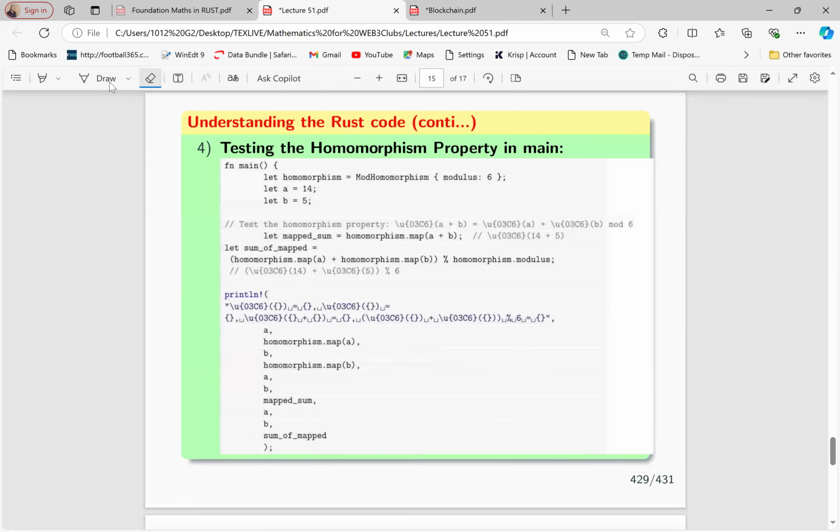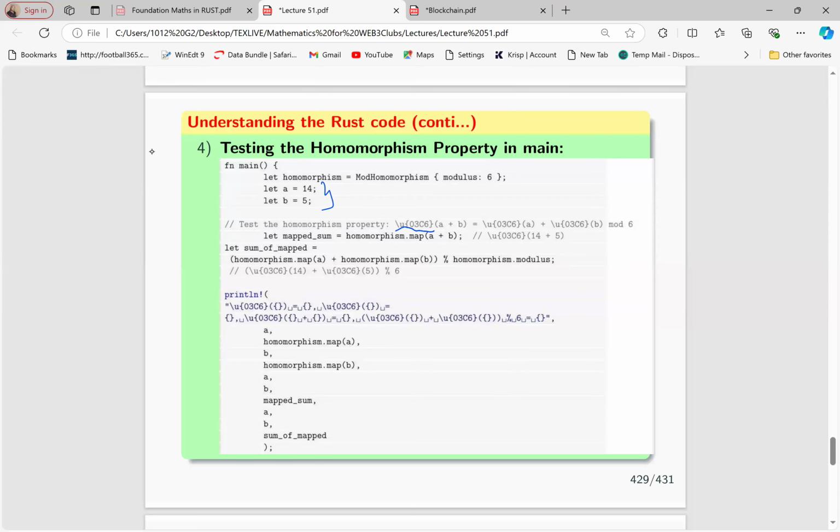What remains is just the main function. The main function, of course, is where we put our a is 14, b is 14, and I've already told you what this means. This is just phi of a plus b, and this is equal to 5a plus 5b.